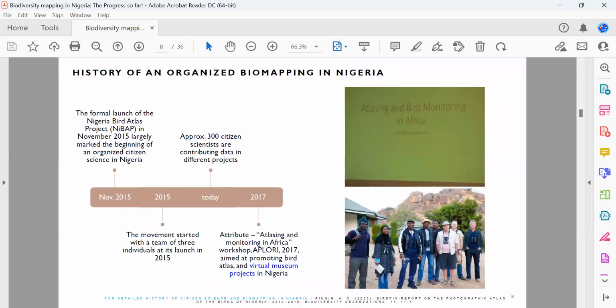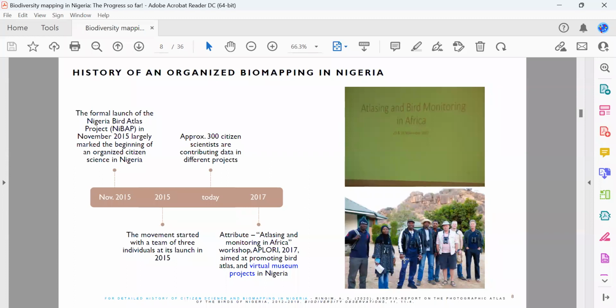So let's look at the history of unorganized biomapping in Nigeria. Although biomapping has been done for many centuries, because it simply means taking photos of wildlife for the purpose of conservation planning and management, in the most recent years we are seeing an increase in unorganized biomapping activities all over the world.